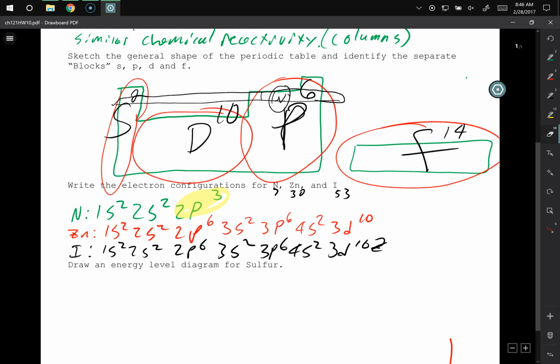Dang it. Why is that not erasing? That's weird. 5s2, 4d10, and then 5p what? 5.